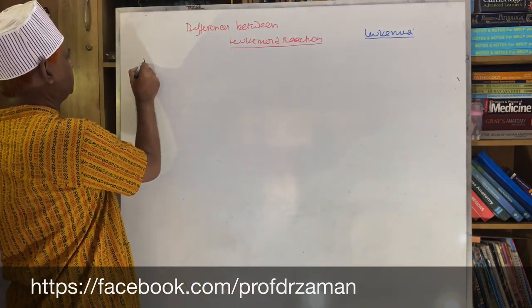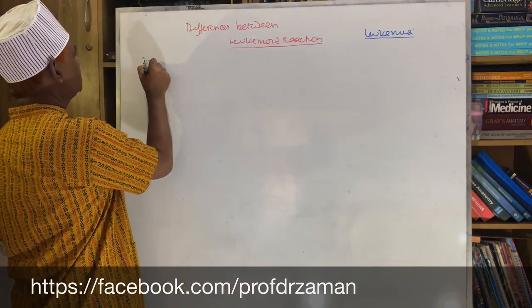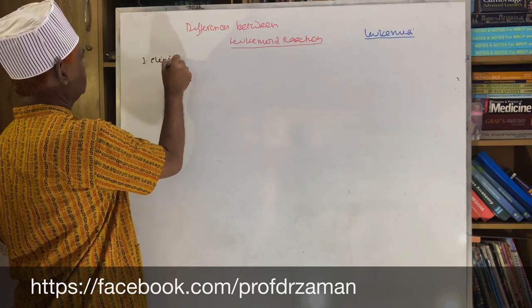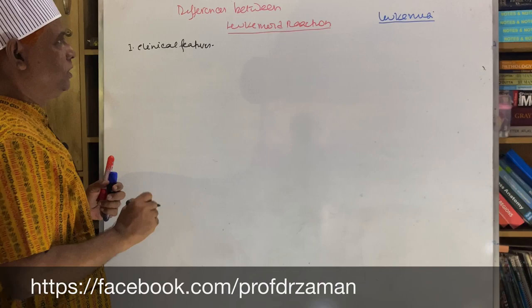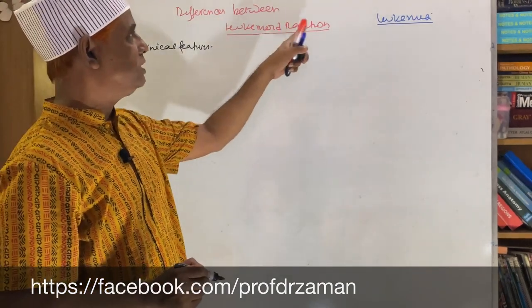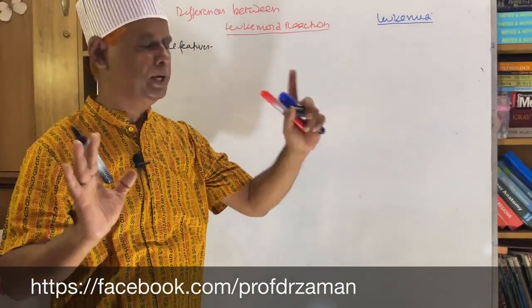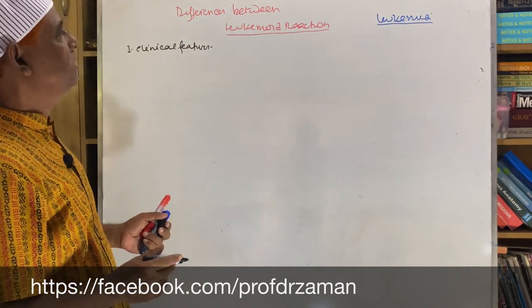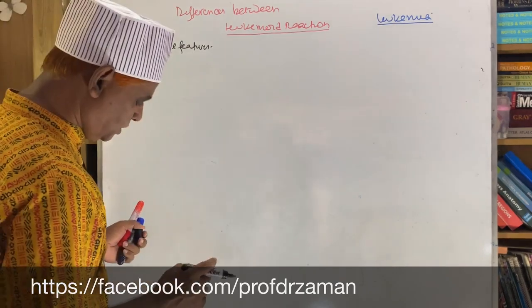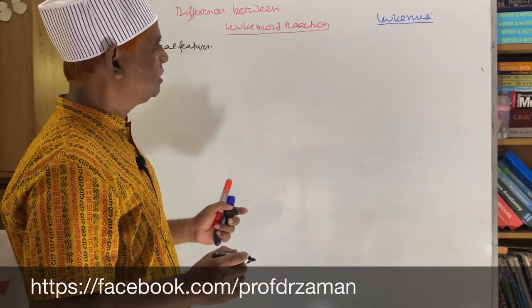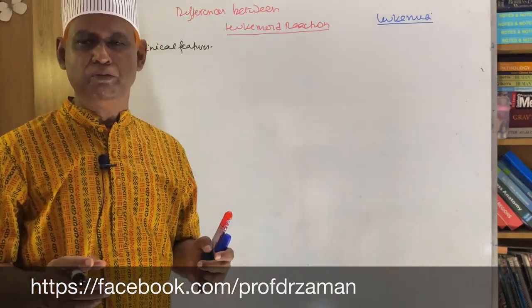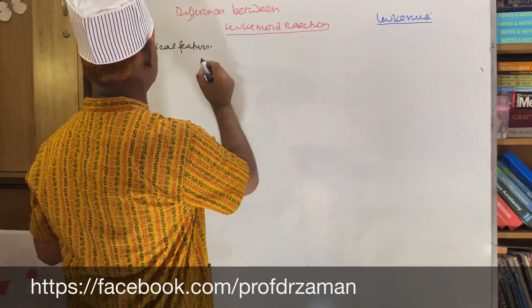First one, clinical features. Again, recall leukemoid reaction resembles leukemia, but actually is not leukemia. So in case of leukemoid reaction, clinical features of the causative disorder are usually obvious.